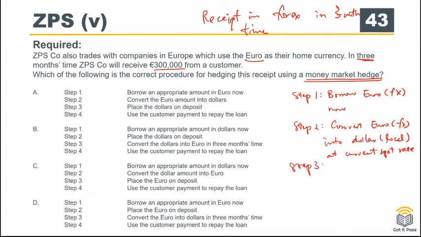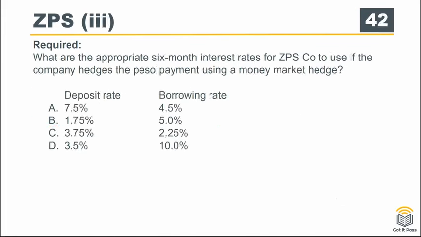The third step is you can deposit the local currency, here is dollar, in the bank, say for 3 months' time here.